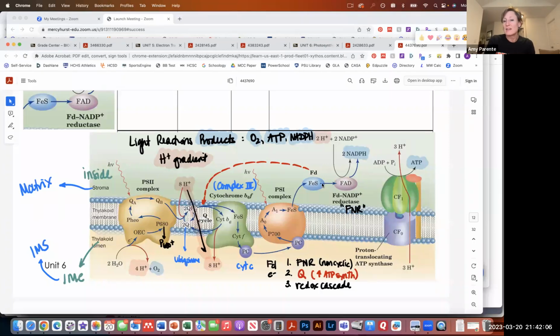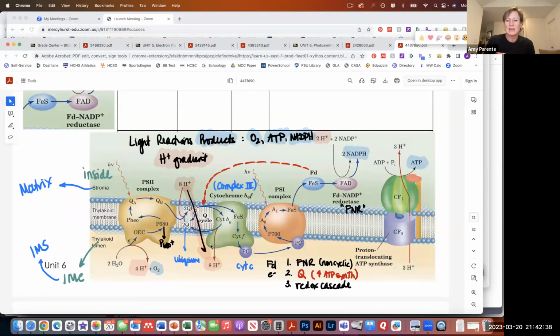The other one is, hey, how about we sneak back in and do this again? This is the cyclic pathway. Not every photosynthetic organism has the ability to do this, but for those that can, ferredoxin is a mobile carrier, and it can dissociate and go back and deliver its electrons to Q. That's pretty cool, because when Q interacts with cytochrome b6f, that's where the Q cycle happens.